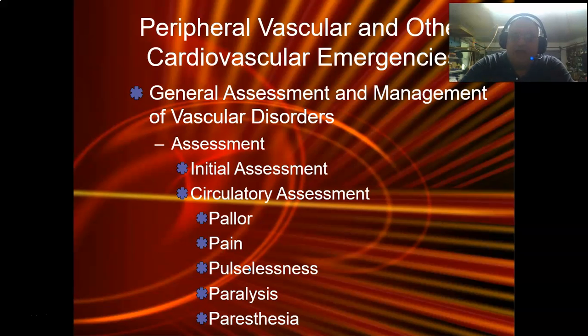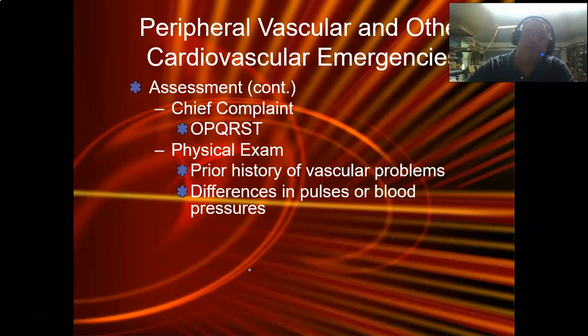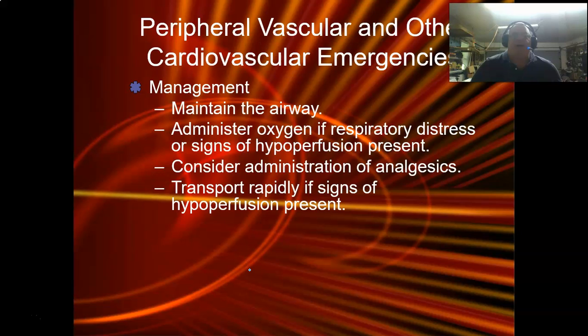So how do we handle the other cardiovascular emergencies? The biggest thing is to look for the 5 Ps: pain, pallor, pulselessness, paralysis, paresthesia. Look for those 5 Ps when you've got an occlusion, get a good history, a prior history of vascular problems, and if you find something on one side, check the other side. A difference in pulses and blood pressures is kind of big when you've got a vessel that's stopped up.